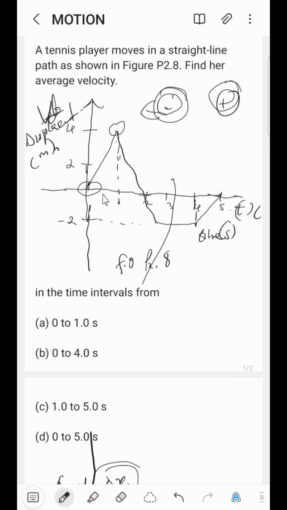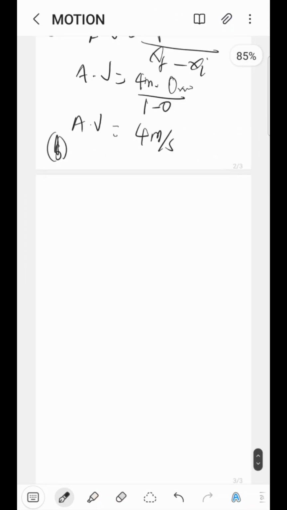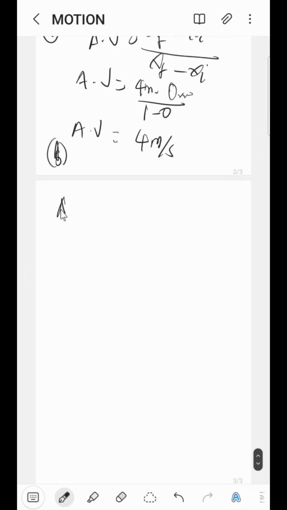So what is our initial? 0. What is our final displacement? It is -2, right? So for B you have final -2, initial 0.